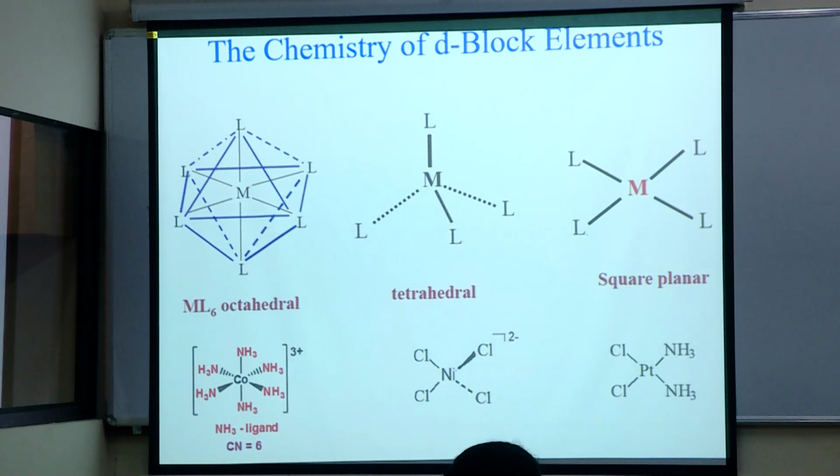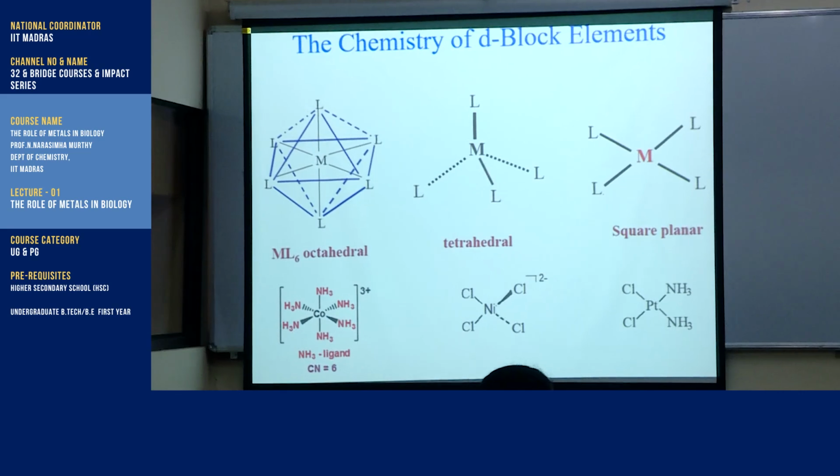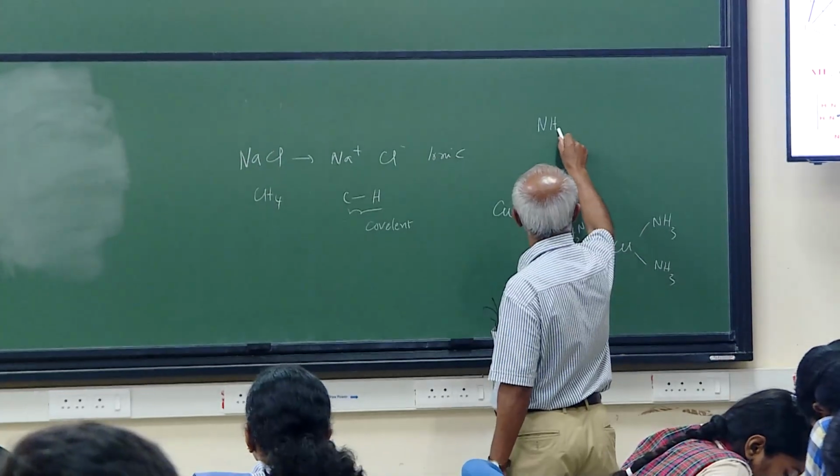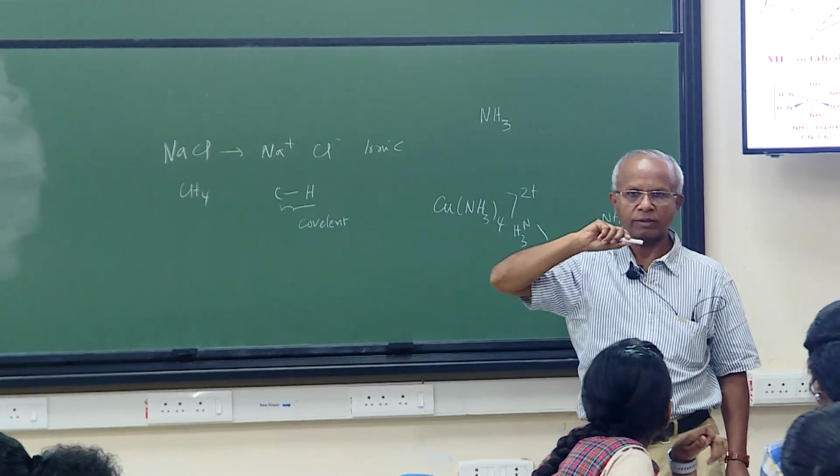Whereas this is ionic. For example, if we take the copper ammonia complex, where copper is in the +2 oxidation state and ammonia is coordinated. For compounds to function as a ligand, they have to have a lone pair of electrons.